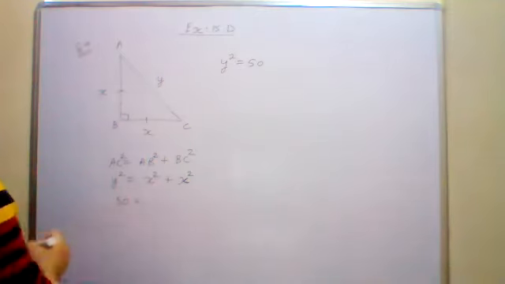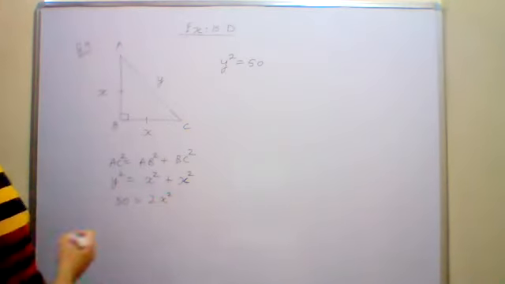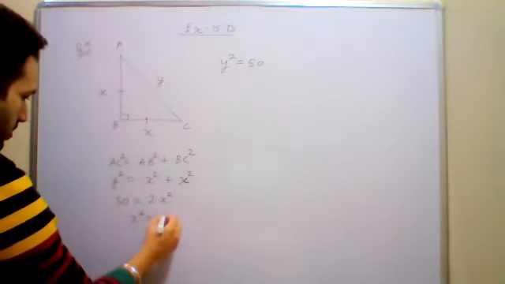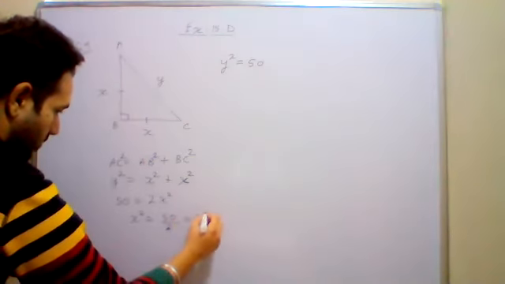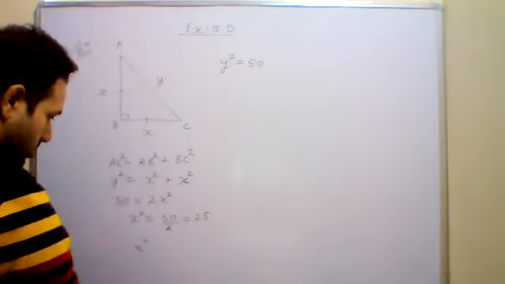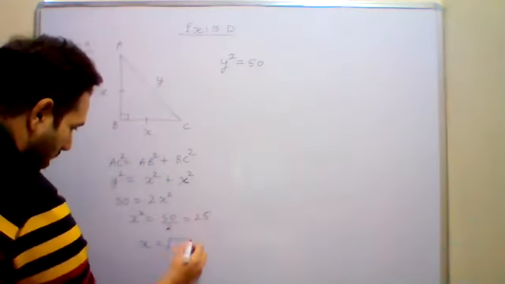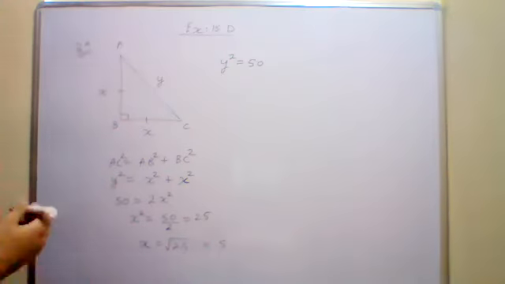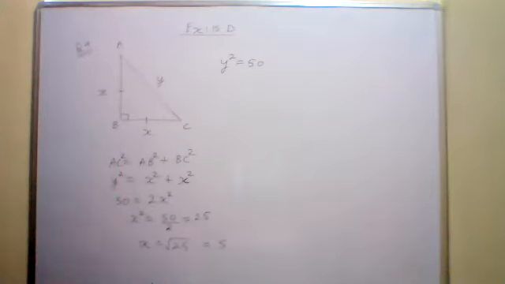Put that here. x square plus x square is equal to 2x square. Dividing by 2, x square is equal to 50 upon 2, that means 25. So x is equal to square root of 25, which is equal to 5. So 5 is the answer. Both the sides AB and BC are 5 each.